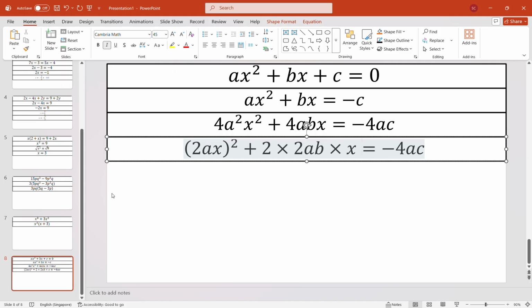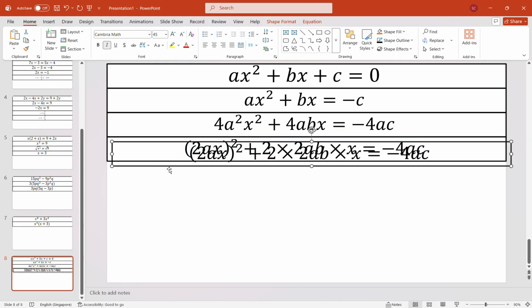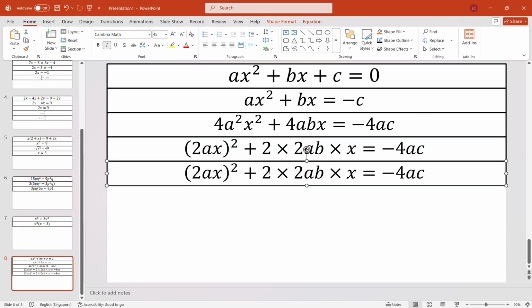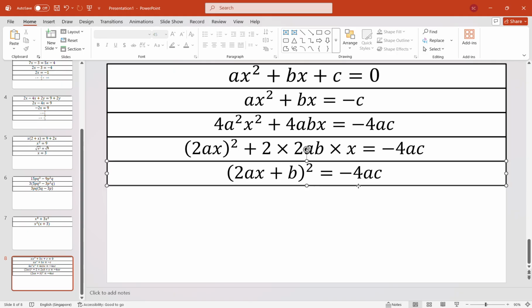Wait, is that correct? Yeah, I think so. And then we express this as a difference of squares, and I think that's about it.